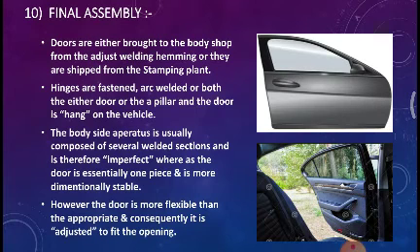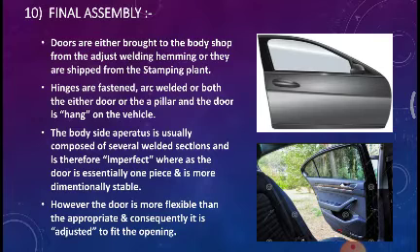Step 10. Final assembly. Doors are either brought to the body shop from the adjust welding hemming or they are shipped from the stamping plant. Hinges are fastened, arc welded or both, to either the door or the pillar and the door is hung on the vehicle.